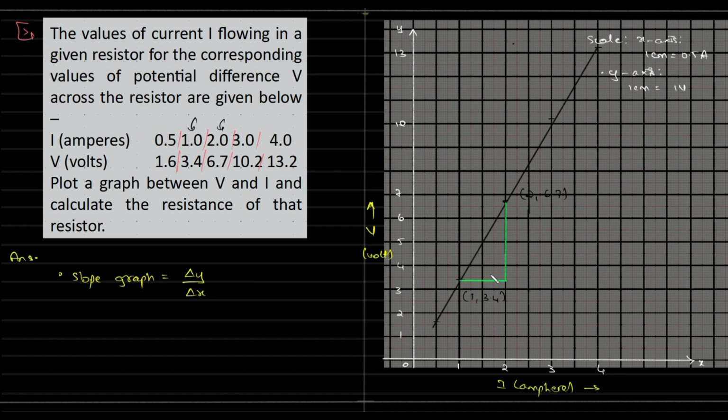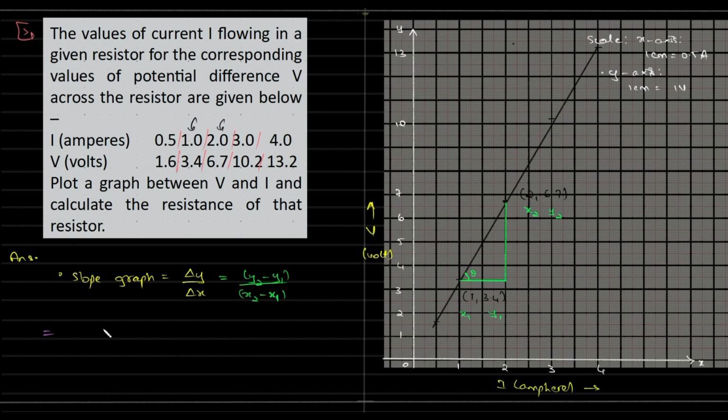Opposite by adjacent. If I take this as your theta, tan theta is delta y by delta x. But if you are not clear with all of this, it's okay. So delta y means y2 minus y1 divided by x2 minus x1. So what is x2 and x1 and y2 and y1? So this is x2, y2, x1, y1.